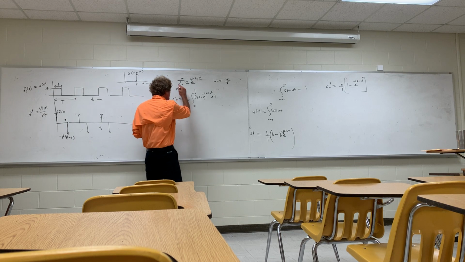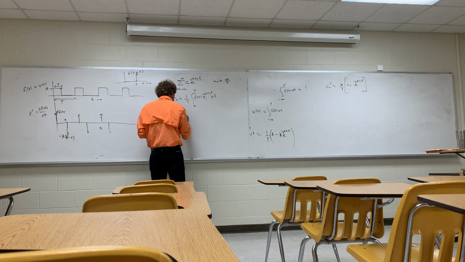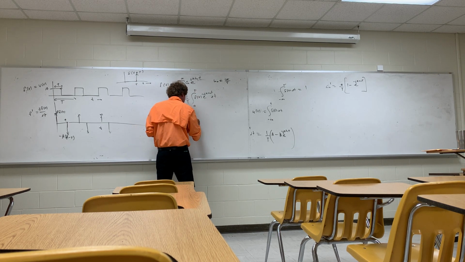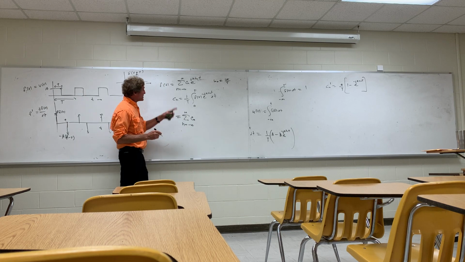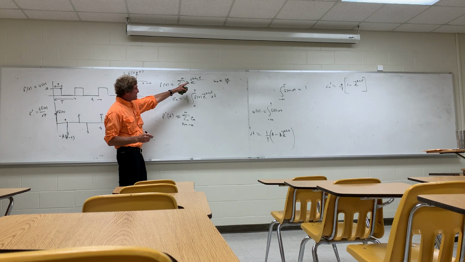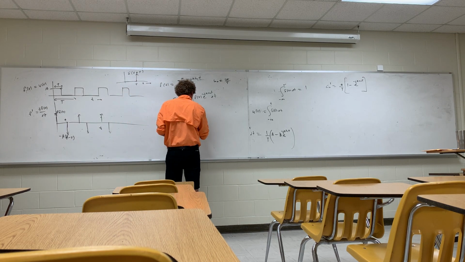So when I take a derivative of that, I end up with a series from n equals minus infinity to infinity. A derivative of that is still going to have C of n in it, right? But then the derivative of e to the j n omega naught t with respect to t is going to bring out a j n times omega naught times e to the j n omega naught t.